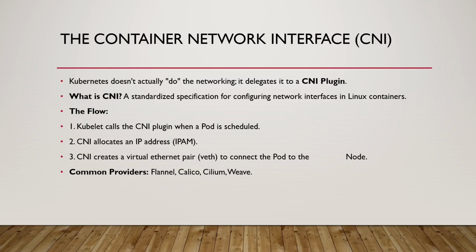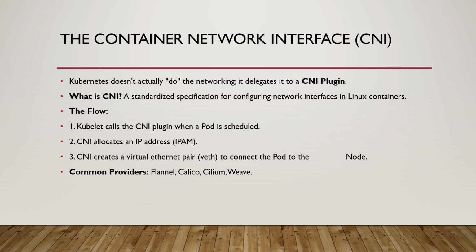CNI allocates an IP address by using IPAM. Then CNI creates a virtual Ethernet pair to connect the pod to the node. It means one side of the virtual interface will be created inside the pod and one side will be attached to the node. We will go deeper later.